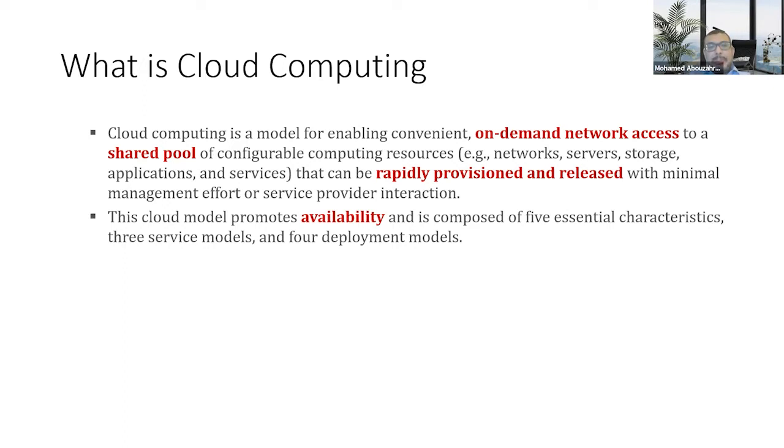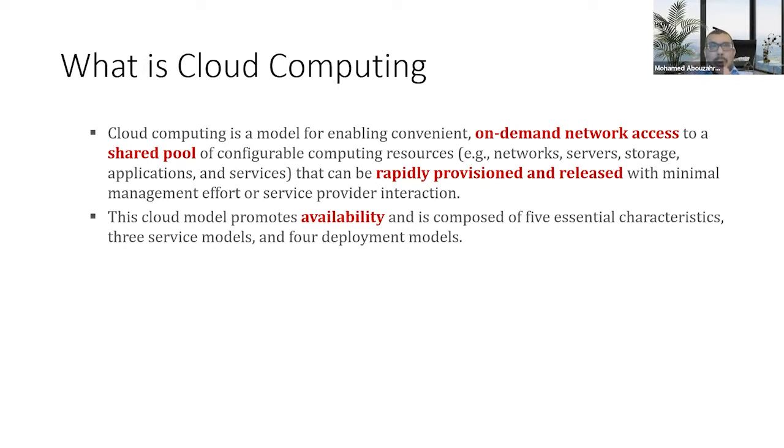Okay, right? So the four main features or four main properties that define cloud computing are, first, on-demand network access. Whenever you want to access them, you just type the application on your browser and you access this application, right? Second, the computing resources, the applications you are accessing, the storage you are accessing, they are shared.